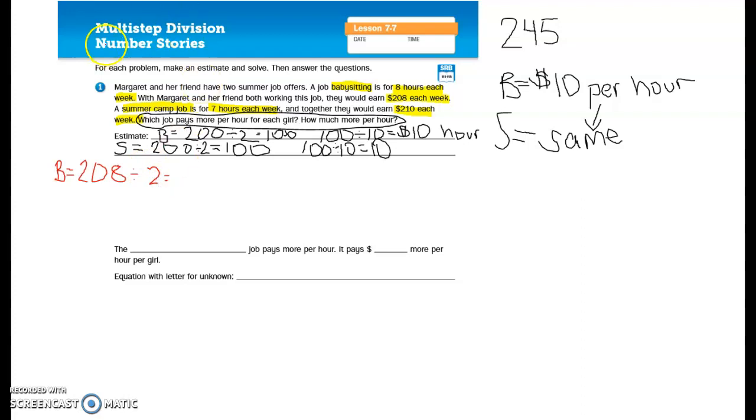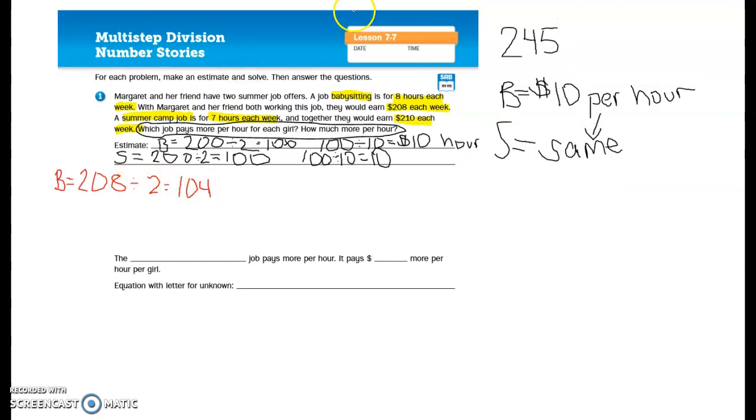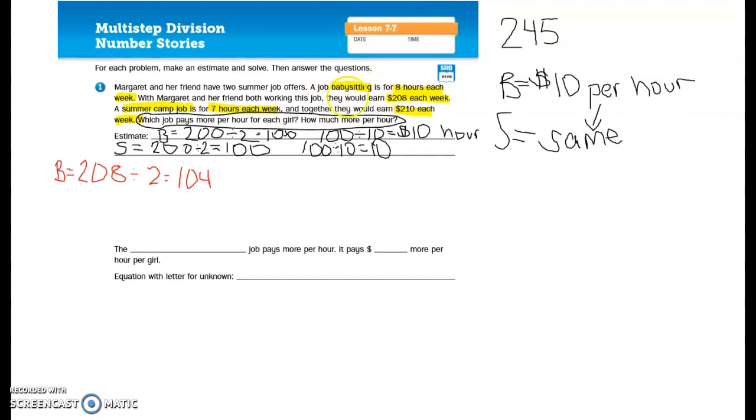And 208 divided by 2, we know is going to get us 104. So each of them individually is going to make $104 each week. Now we have to figure out what that's going to be with the 8 hours. So 104 divided by 8. And that is going to get us $13 an hour.